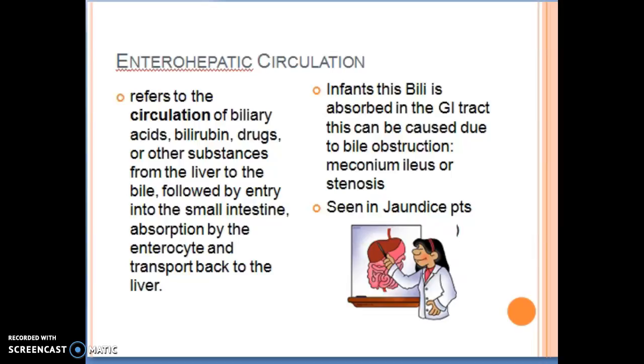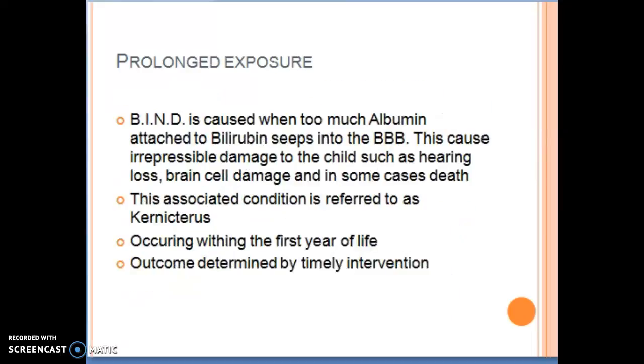Now, all of these are preventable, but it is also good to catch it at an early age. But if you do not catch it at an early age, you will be prolonged exposed, and there's usually repercussions for that. For prolonged exposure, there's an acronym called BIND, which I will get into later. But for now, it is bilirubin induced neurological dysfunction.